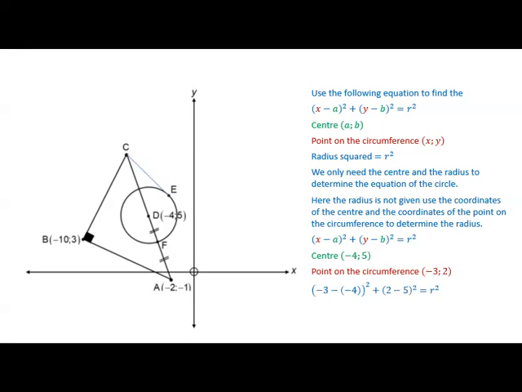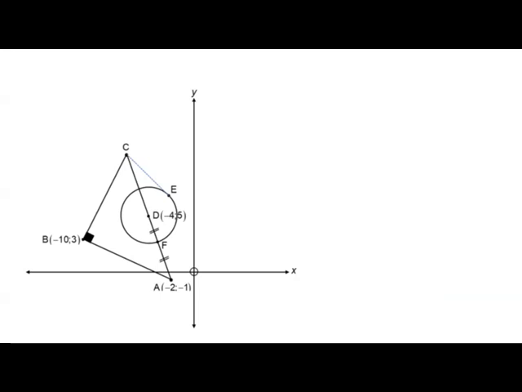Inside the first bracket, you will end up having (-3 plus 4) squared plus (2 minus 5) squared. Simplifying this will give me 1 squared plus (-3) squared. 1 squared is 1, and when you square -3, it comes out positive, +9. You will end up having 1 plus 9 is equal to radius squared. Therefore, your radius squared will be 10, and your radius will be the square root of 10.